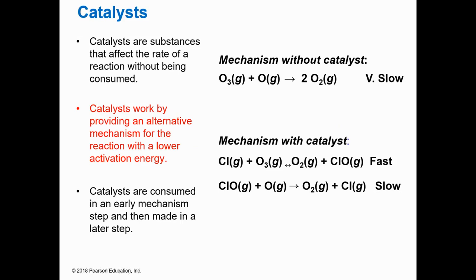A catalyst is a little different than an intermediate. A catalyst starts at the beginning and gets canceled out later on. So it starts as a reactant, but then it's used up as a product in a later reaction. And as you can see here, Cl is a catalyst.